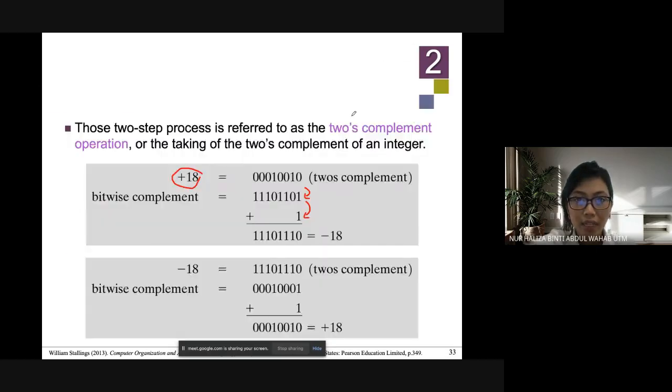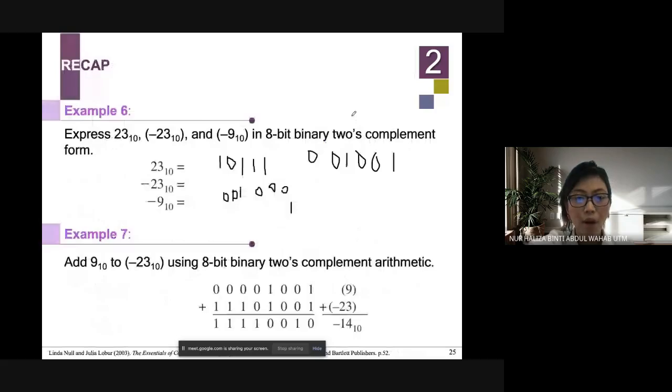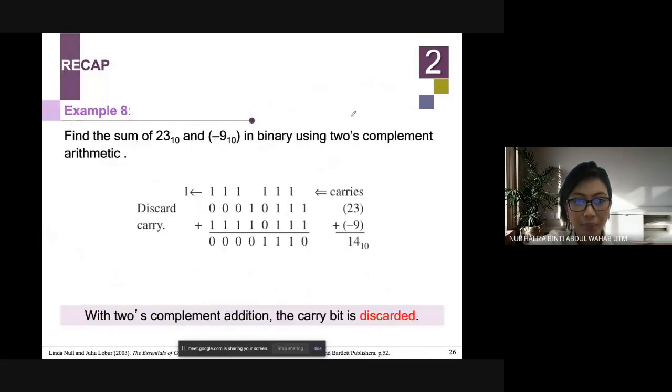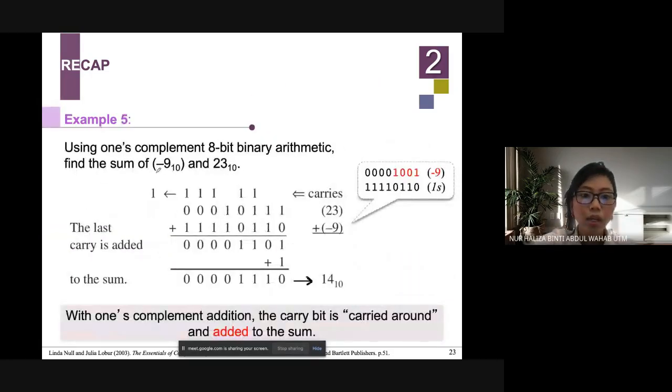For the second complement situation, as in our previous class. See, discard the carry for second complement. So please remember, for first complement, your carry will be added to the next.